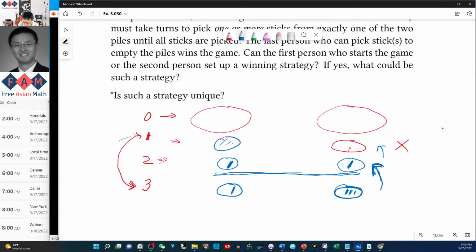Remember, this is a losing situation because you have 1-1, you have no choice but just picking one. So that means that at this stage 3, the winning player will face a situation where he had exactly one pile which had one stick, and the other pile had more than one stick. It doesn't really matter how many more.